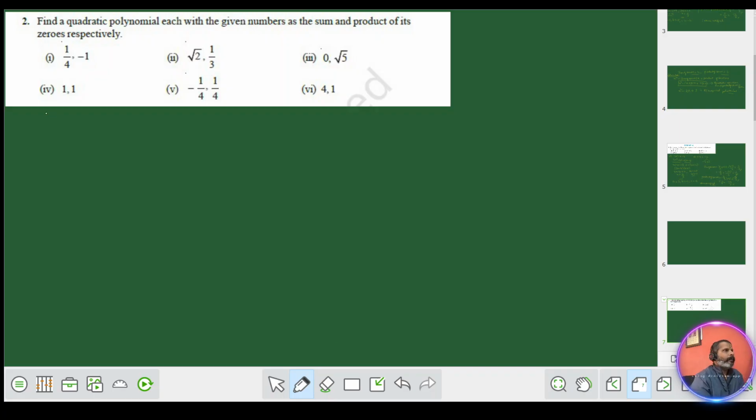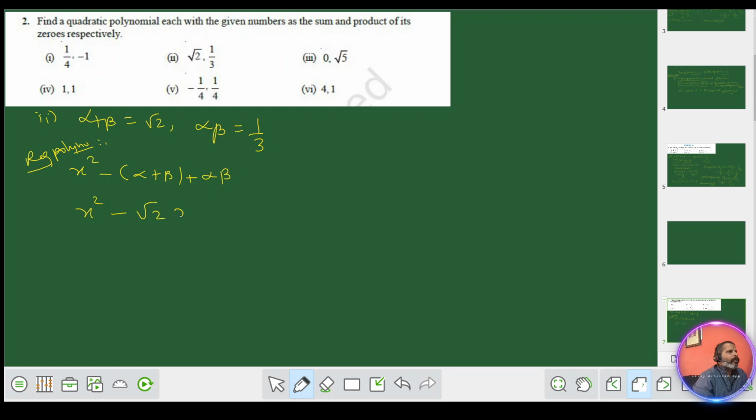Let's see the second one. Take alpha plus beta is root 2. Alpha beta is 1 by 3. Okay. Then the required polynomial, you write it. Required polynomial is x square minus alpha plus beta x plus alpha beta, right? x square minus root 2 x plus alpha beta.